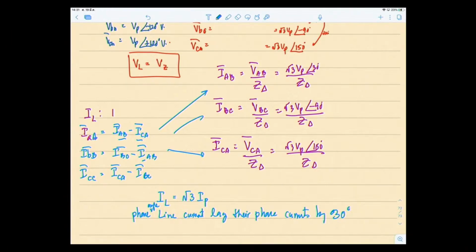So I'm going to show you an example. One example in this case. So this is a conclusion for all the line voltage, line current, and phase voltage and phase current for the Y and delta. Okay, so an example.